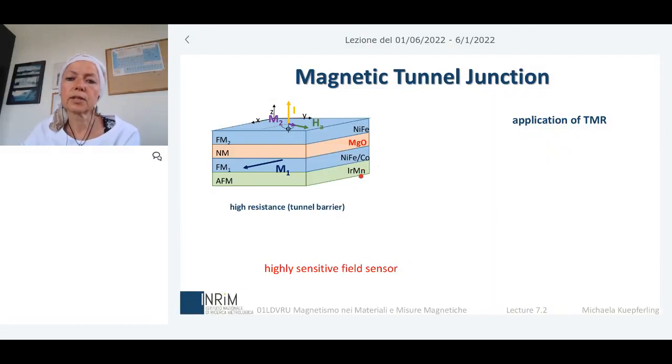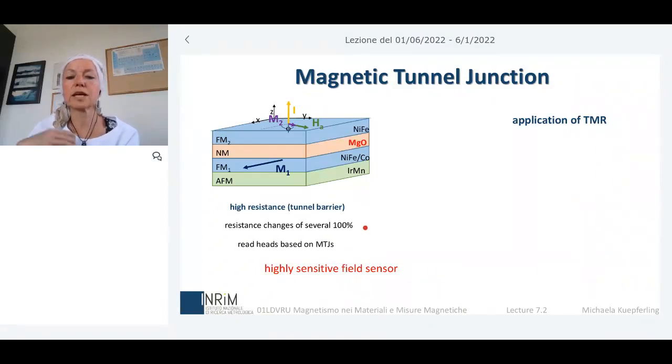So this gives you the possibility to increase the resistivity extremely of this structure, and of course increasing also the resistance change that you will measure when you apply your field sensor. So you can see here that now we have resistance changes of several 100%. And of course, using this in the read heads or in sensors gives you an even higher sensitivity.